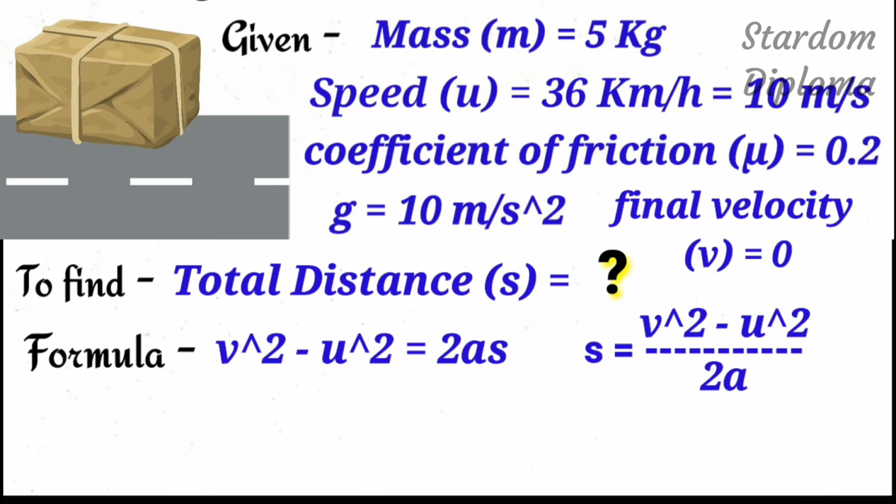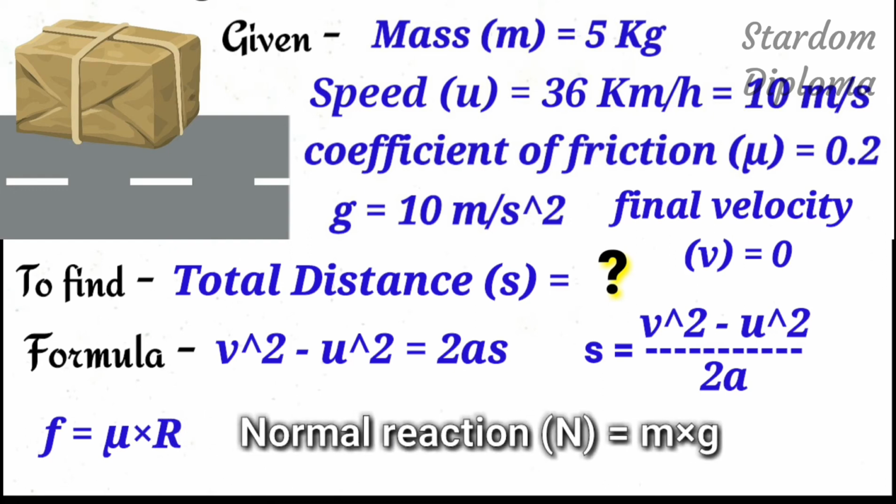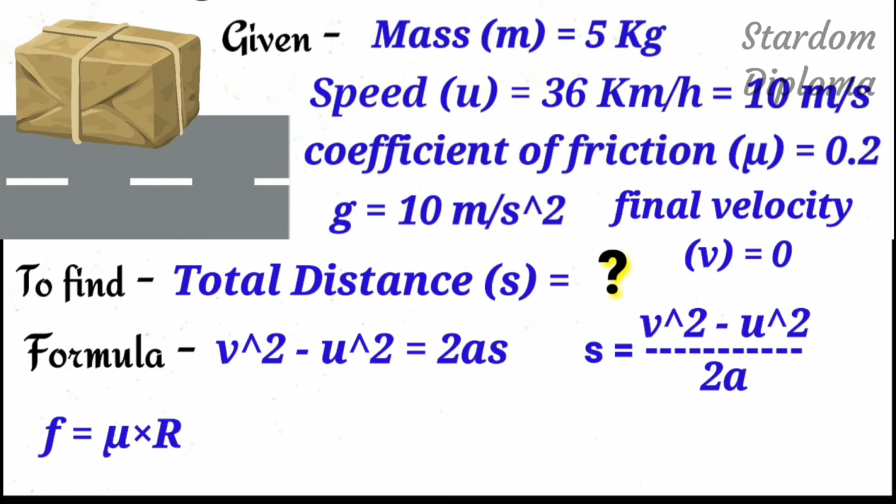We are using the formula of force. Force is equal to mu R, or force is equal to mu N. N is the normal reaction. N is equal to mass into acceleration due to gravity, and force is also equal to mass into acceleration. So m into a is equal to mu into m into g.